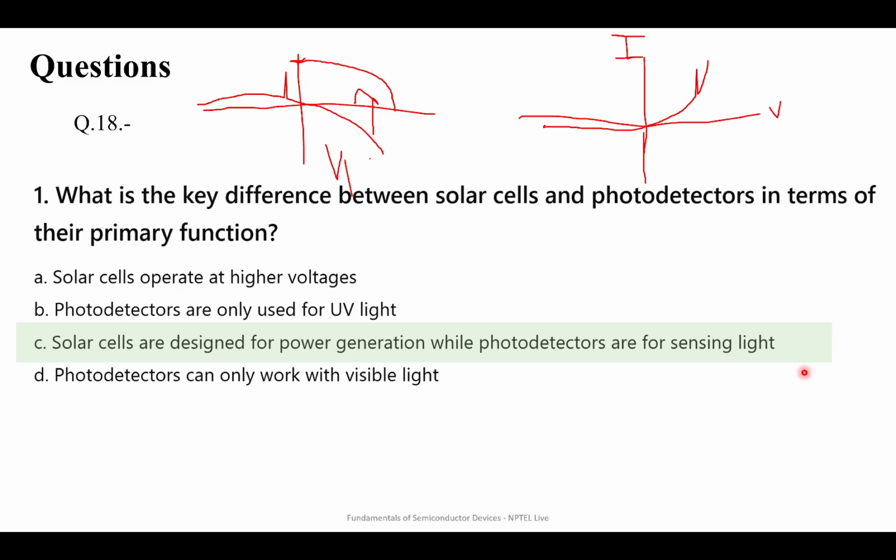You already have some current flowing through a photodetector, and the light generating electron hole pairs is increasing your current. Okay, so the current already flowing will be changed by the light. Yes, that change in current tells you there is light shining on your photodetector.